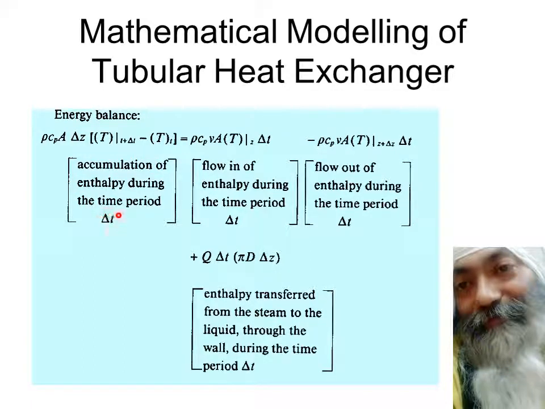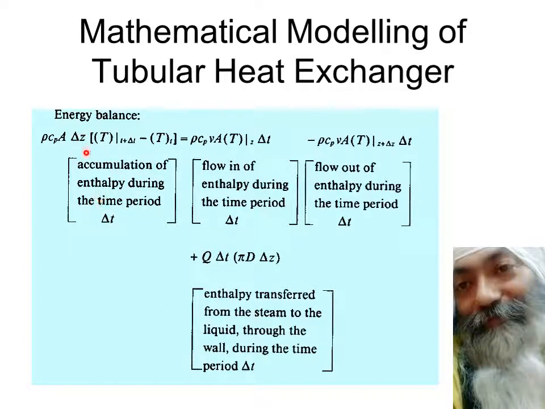That's why we see the final temperature at this point and the initial temperature at the point when it had started the whole thing. The amount of enthalpy accumulated is nothing but mass into Cp into delta T. As simple as that. Once again, volume is A into delta Z, and this volume multiplied by density becomes mass, into Cp into delta T, which becomes the total amount of heat acquired in time delta T.